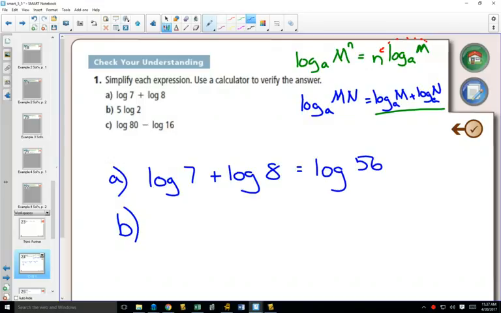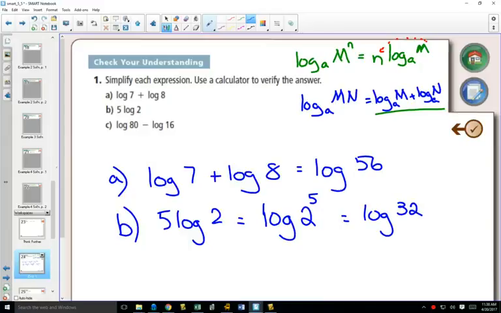If you want to change it from the right-hand side to the left-hand side to write it as a single logarithm simplified, then 5 log of 2 equals log of 2 to the power of 5. So that 5 goes up as an exponent, which if you wanted to evaluate, 2 to the power of 5 is 32. So again, you would be able to estimate that that answer is between 1 and 2.